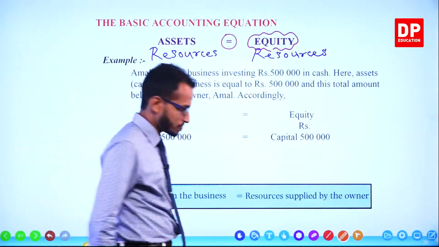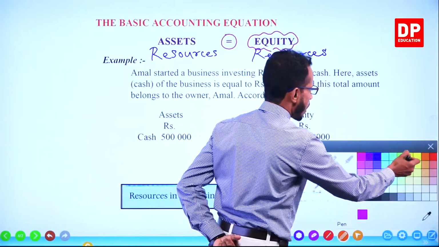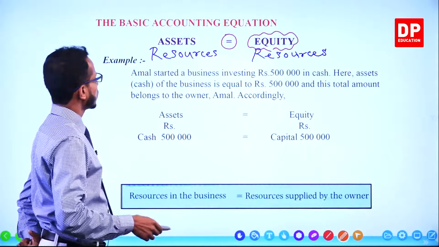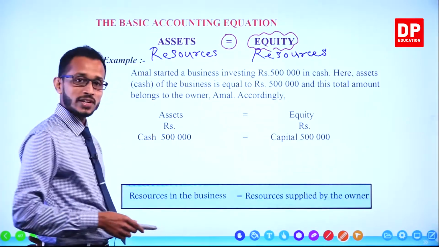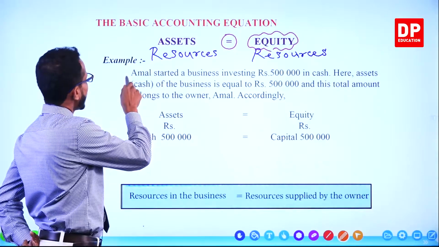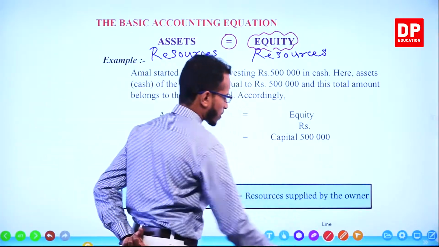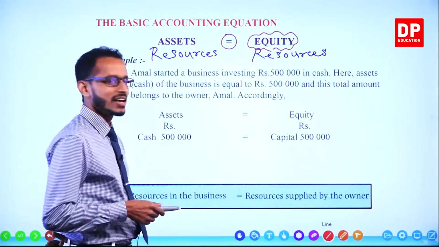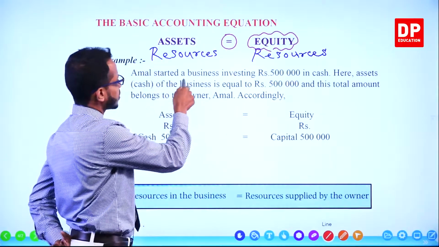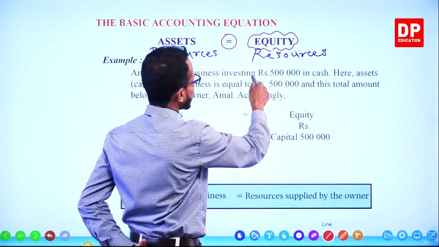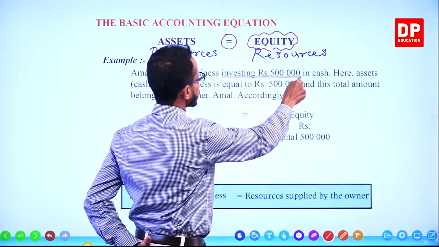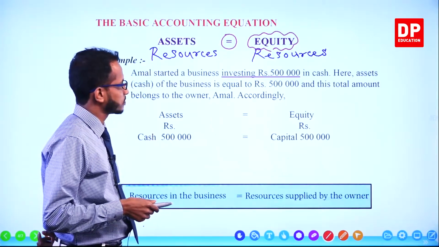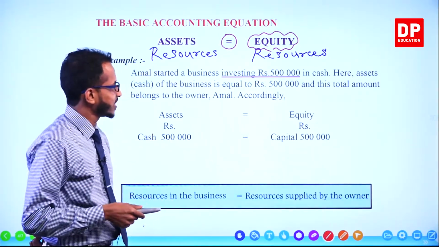Example. It's fun, right? Amal started a business. Okay. Amal. Good strong name. So the owner is Amal. He must be a sole trader, right? Let's find out. Amal started a business investing 500,000 in cash. What is the amount that he invested, children? 500,000 in cash.